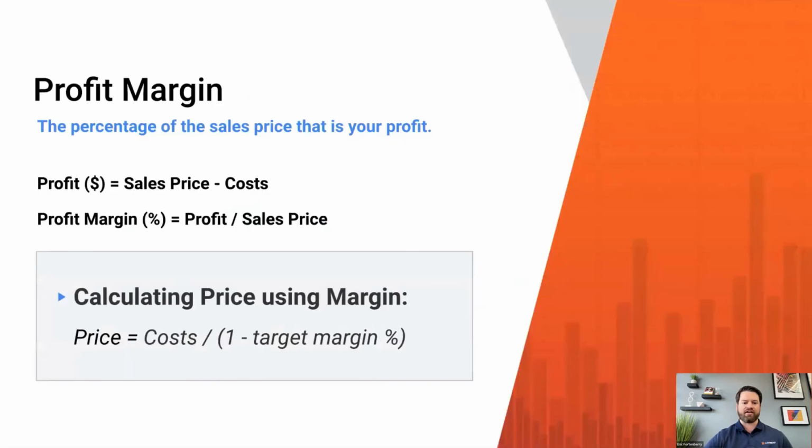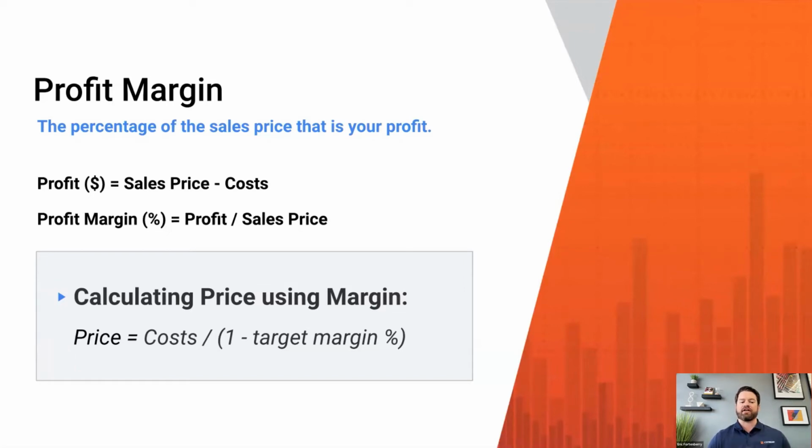So let's look at the profit margin side. Again, margin is the percentage of your sales price that is your profit. I hope everyone understands. The profit on a job is basically your sales price minus your cost of goods sold. So whatever your cost for that job was, the profit is the difference between what you sold the job for and how much it cost you.